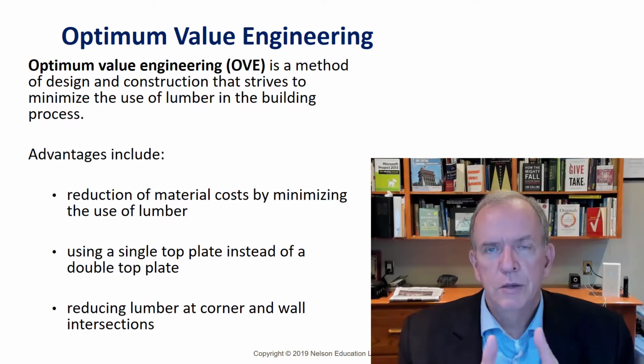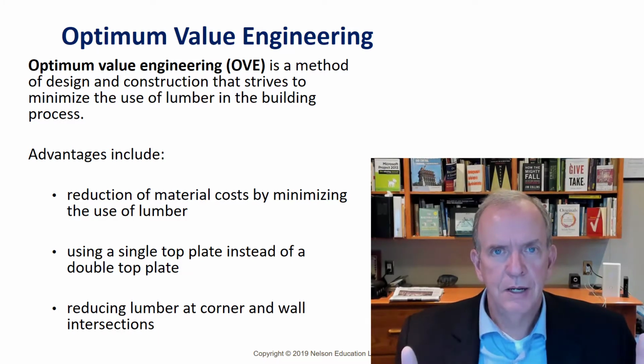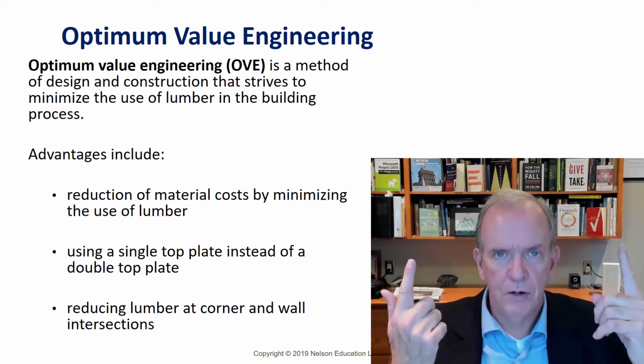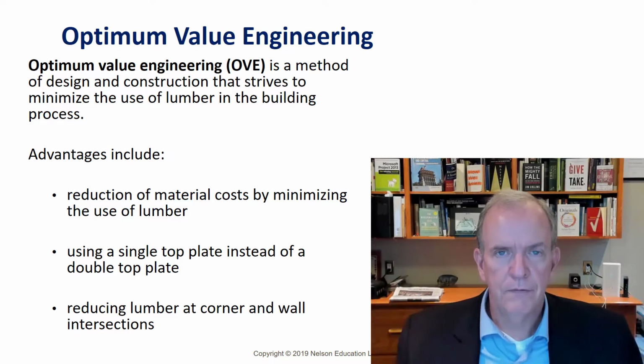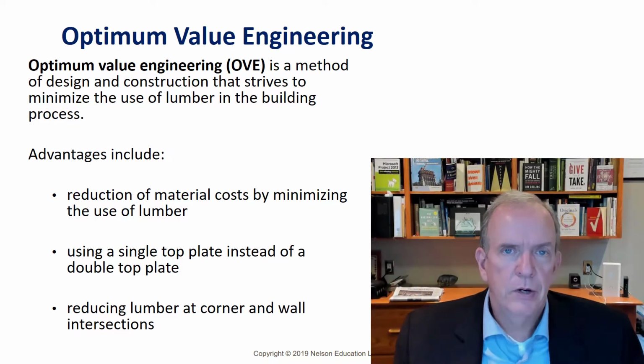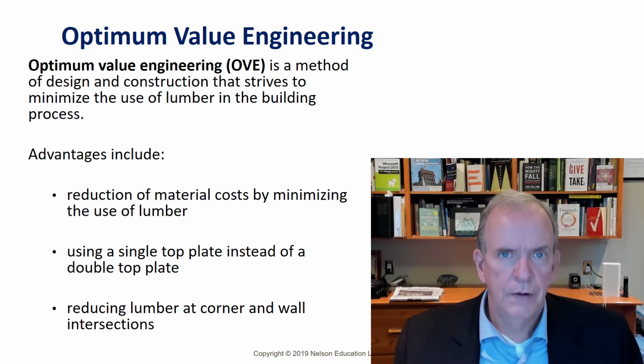You have to watch the building code as far as stud spacing because there's limits depending on how many floors you're supporting above, but it can be a very proactive way of saving on lumber and actually increasing the energy efficiency of the building, which is a win-win, right?